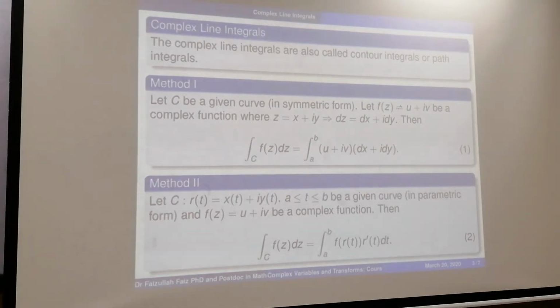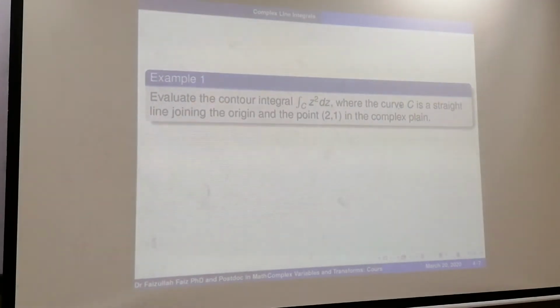Now I will solve some problems for you, and you can see that if we use any of these methods, you will get the same answer. So these methods are equivalent to each other. Another point which I have to tell you is that complex line integrals are also called path integrals or contour integrals.